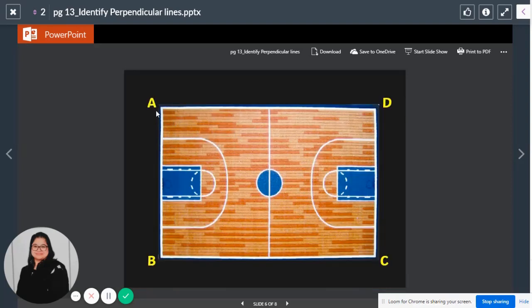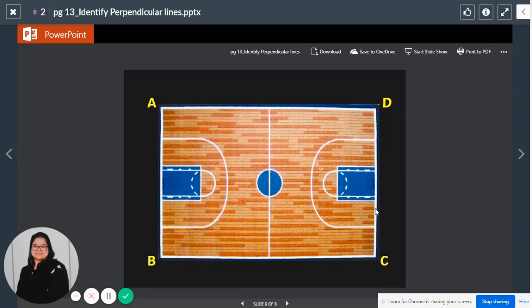Okay, now in this, can you identify any two sets of perpendicular lines? Line AB is perpendicular to line BC. Line DC is perpendicular to line AD.